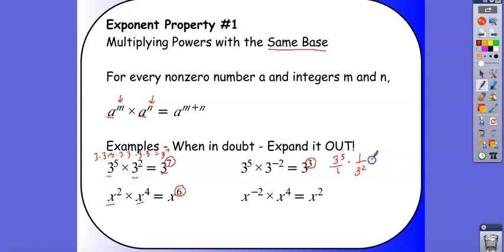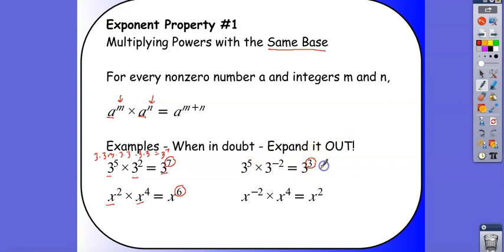And you would get 3 to the 5th over 3 squared. We have not done this property yet, but when you divide, you're going to subtract, and I still get 3 cubed. But I don't want you to deal with that right now because we haven't gone over all the laws and properties. In this particular case, I would have added 5 plus negative 2, gotten positive 3.